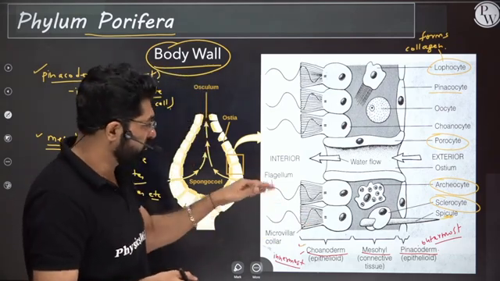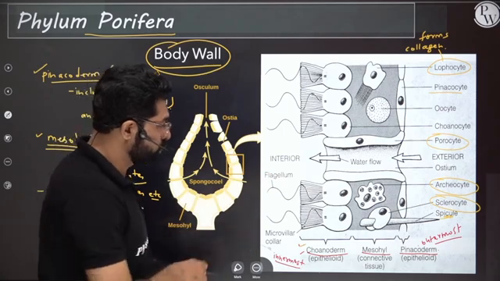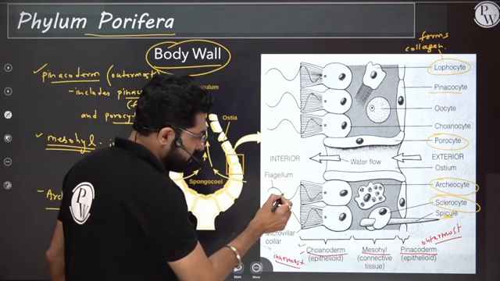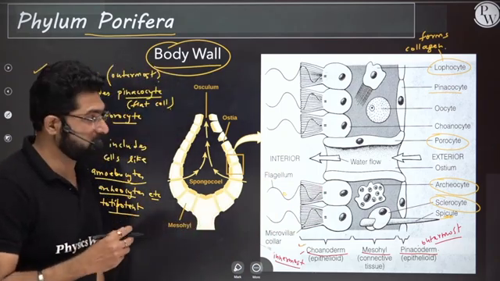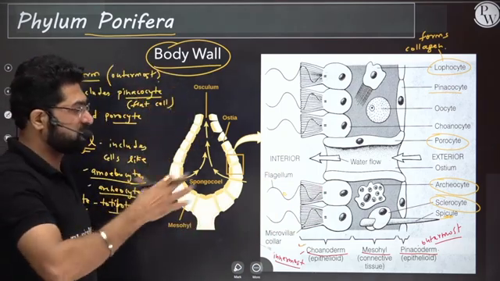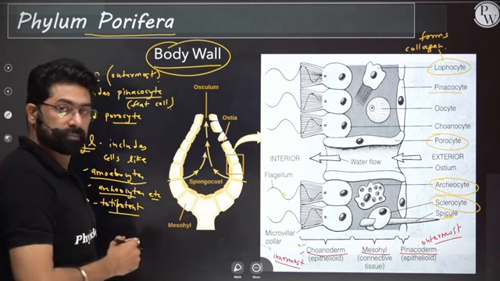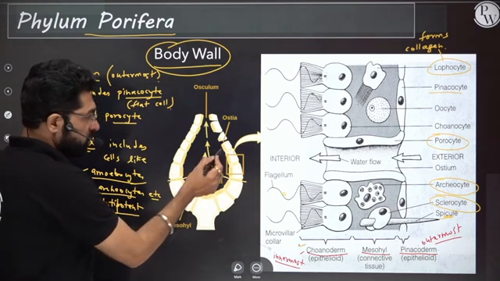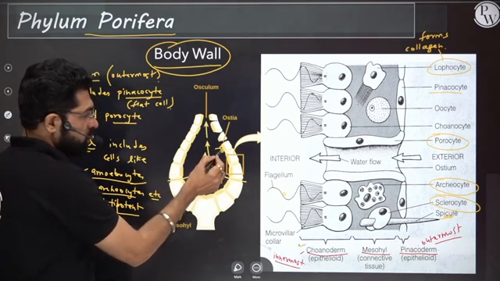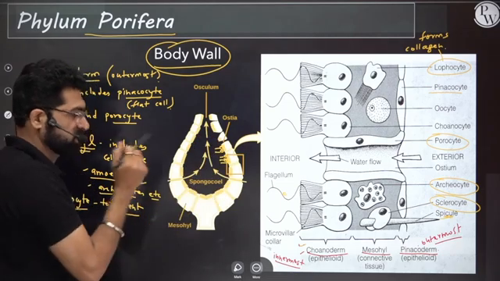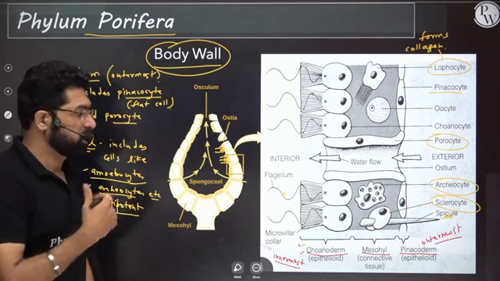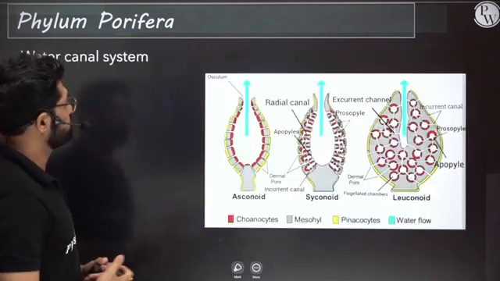They have flagella by which they move water, and you can see the food is trapped and taken inside the cell. So on the inside layer you'll find the choanocytes. Let us continue further.